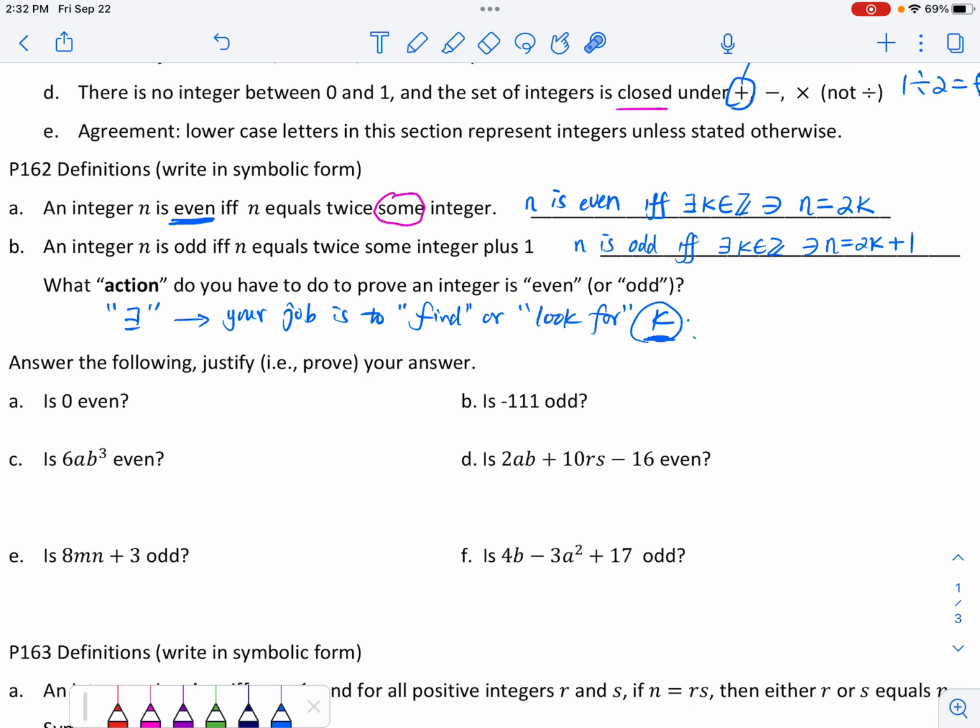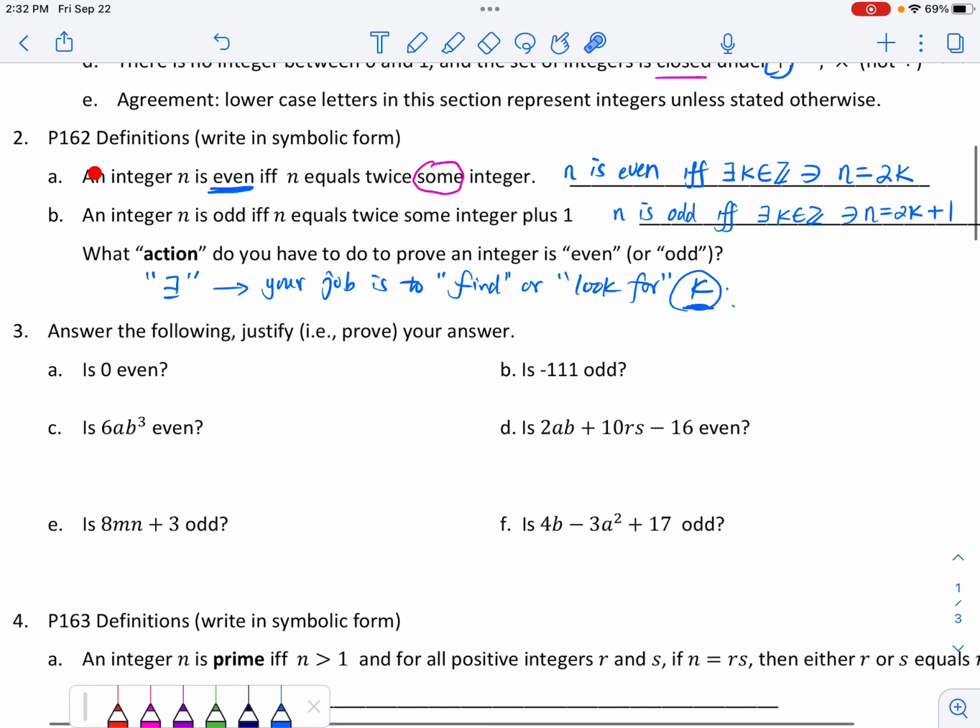Now let's try to apply the definition to justify each of the following. Is 0 even? Before you conclude it is even, if you are able to find a k which is an integer, so that 0 is equal to twice that k, then you can conclude it is even.